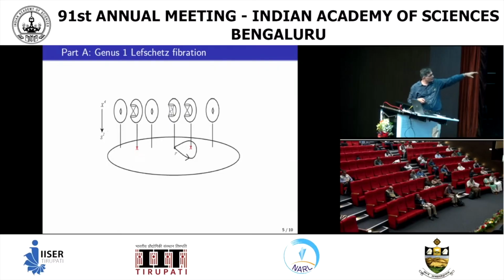But there are some points, which I have denoted by X, where this nice donut picture disappears, and you get a singularity where a curve on this donut is pinched to a point. Okay, so that is part A. Part A looks like this.